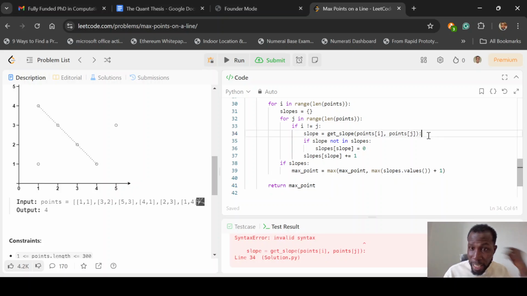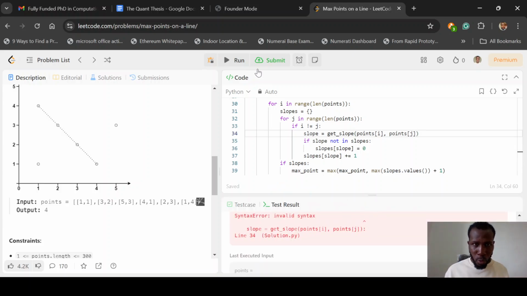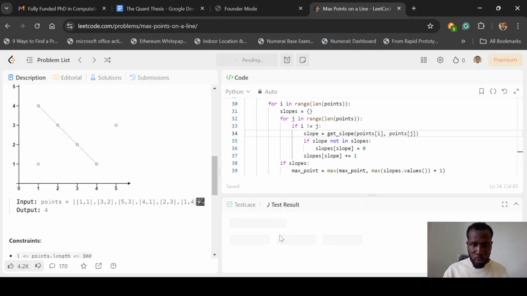So if you remove it now, it's going to give us the answer we are supposed to get. If you run it again, yes, exactly, it works now.